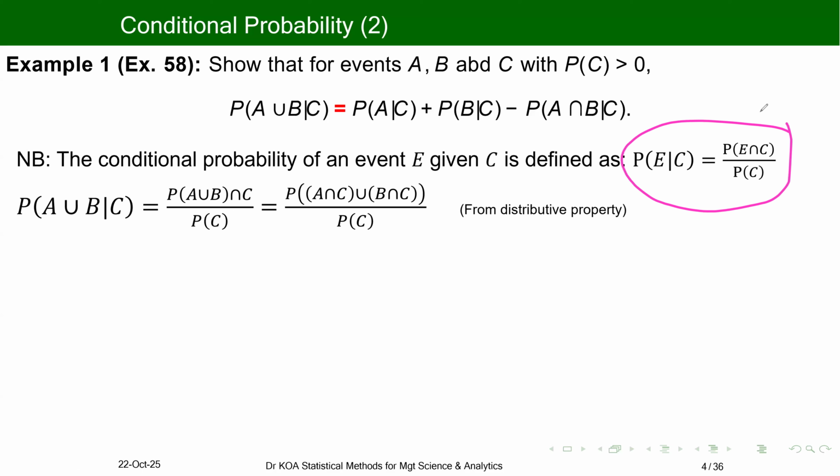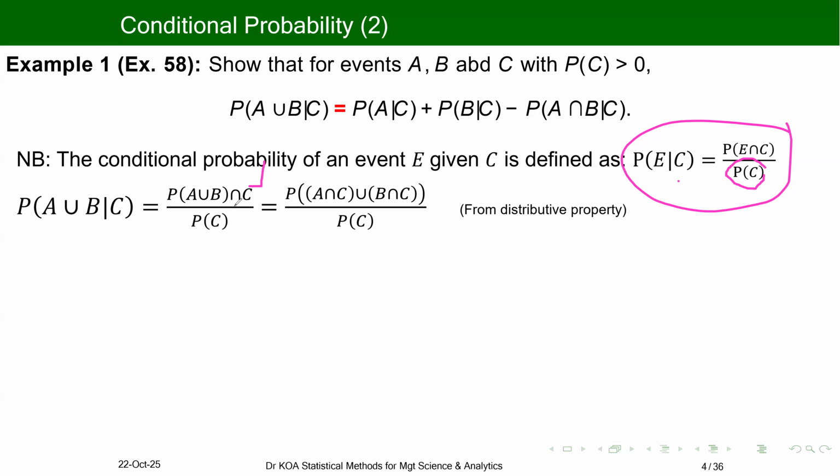I wrote probability of E given C as that. So I can say that the probability of A union B given C is the intersection of the probability of A union B and that of C, the same numerator. Do you understand this part? Using the conditional definition. Jerry. Yes, Doc. Good. Now you divide that by C, because remember, according to the conditional definition, we have C here. So you have C.